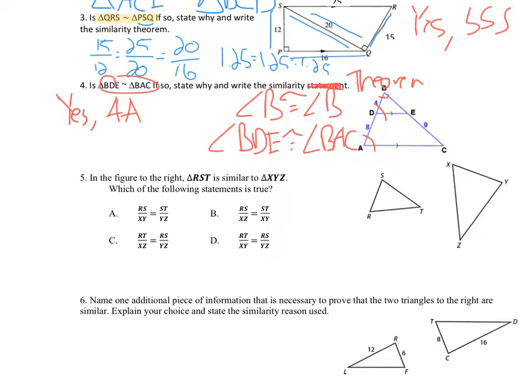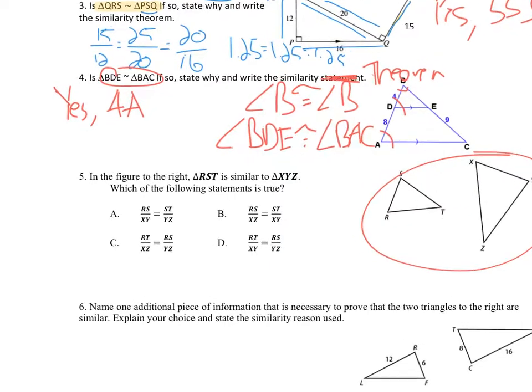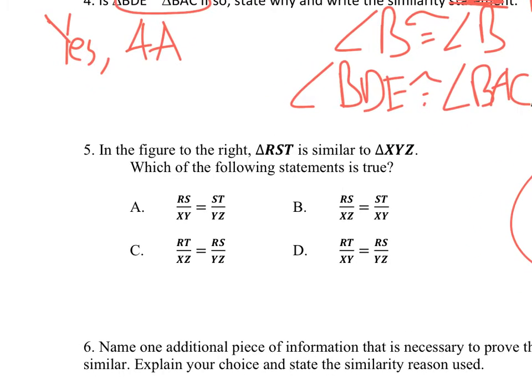Now, you have the triangles over here, but again, like I talked about earlier, the similarity statement is going to be more helpful. So as we look at A, I go back to my similarity statement. So I have RS. Does that match up with XY? Yeah, RS were the first two letters, XY are the first two letters. So this statement so far is good.